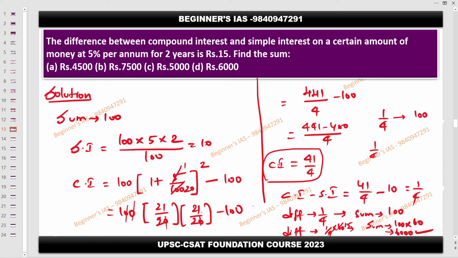In order to get the 15, 1 by 4 into 60 will become 15. So we multiplied 60 on the LHS to get the difference as 15. The same way you have to multiply it on the RHS, the amount. So 100 into 60 becomes 6000 rupees.